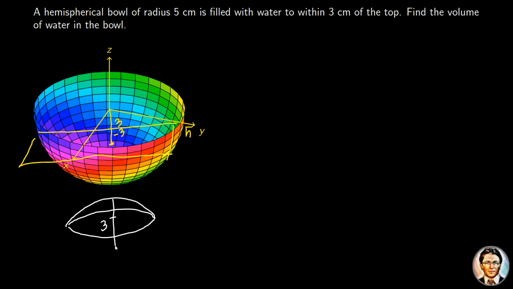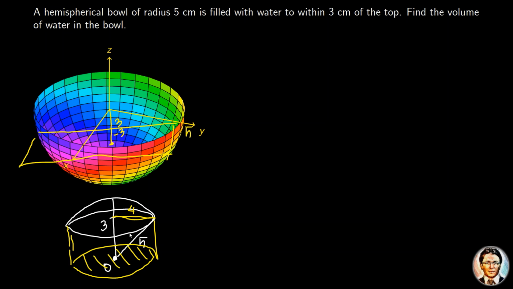Let's say this is the origin. The radius of the sphere is 5. What about this one? This will be 4, right? So in terms of cylindrical coordinates, we have the circle of radius 4 here. And what about the z coordinates?